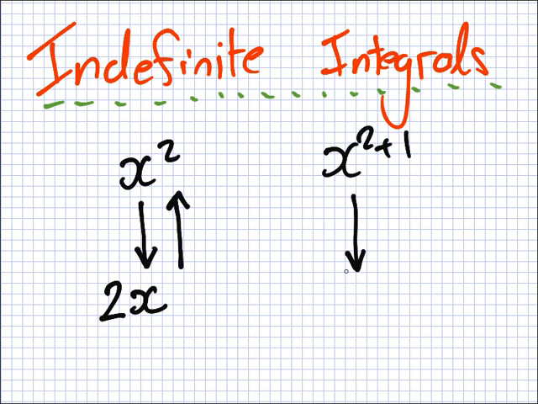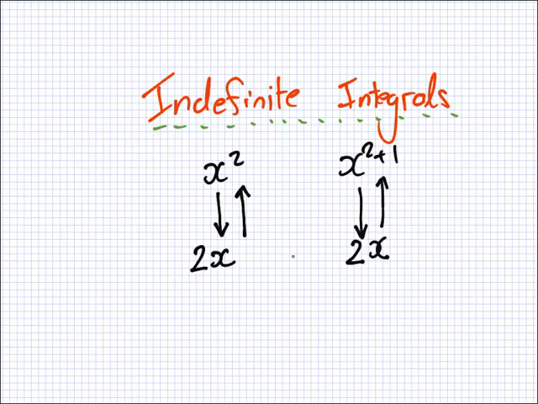The derivative? 2x plus 0. So the antiderivative of 2x is x squared plus 1, which is different. So this gives us a problem. When we reverse the process, there's possibly a constant we've lost in reversing the process.